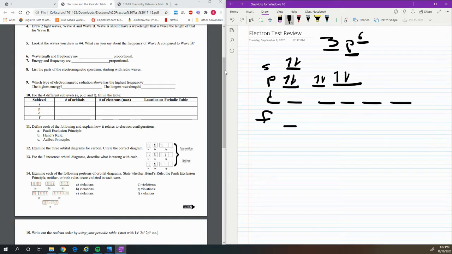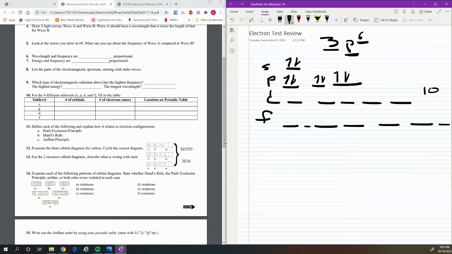And then f, we know we have 7: 1, 2, 3, 4, 5, 6, 7. Whatever many orbitals you have, multiply by 2: 1 orbital multiplied by 2, you have 2 electrons. You have 3, multiply that by 2, you have 6 electrons. 5 multiplied by 2, you have 10 electrons. 7, you would have 14 electrons.